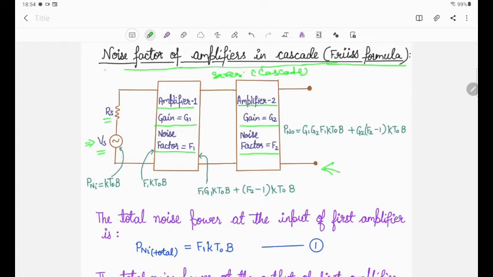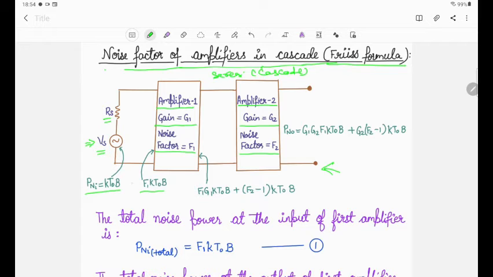Okay, so this source will contribute the input noise power, that is defined as Pni equal to K T0 B, right? And this is the first amplifier. The noise of this amplifier at the input will be F1 K T0 B, right? So the total input noise power will be K T0 B plus F1 K T0 B, right?